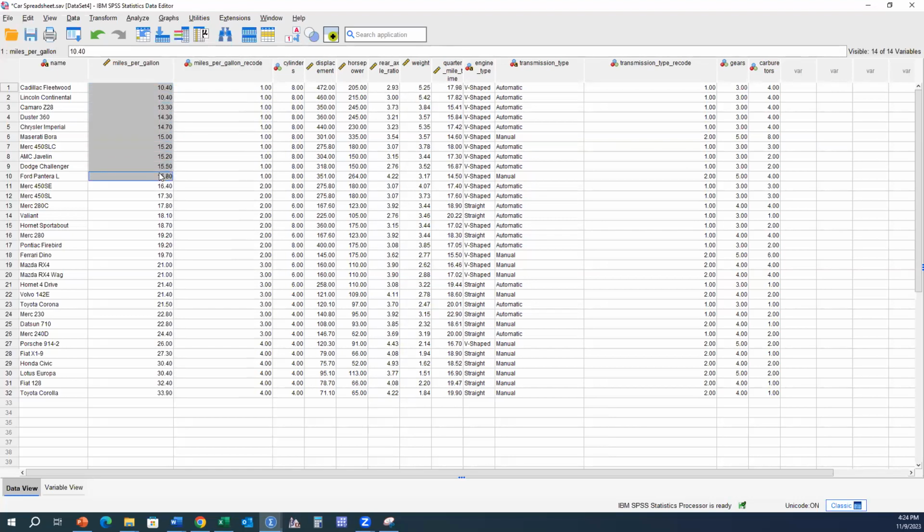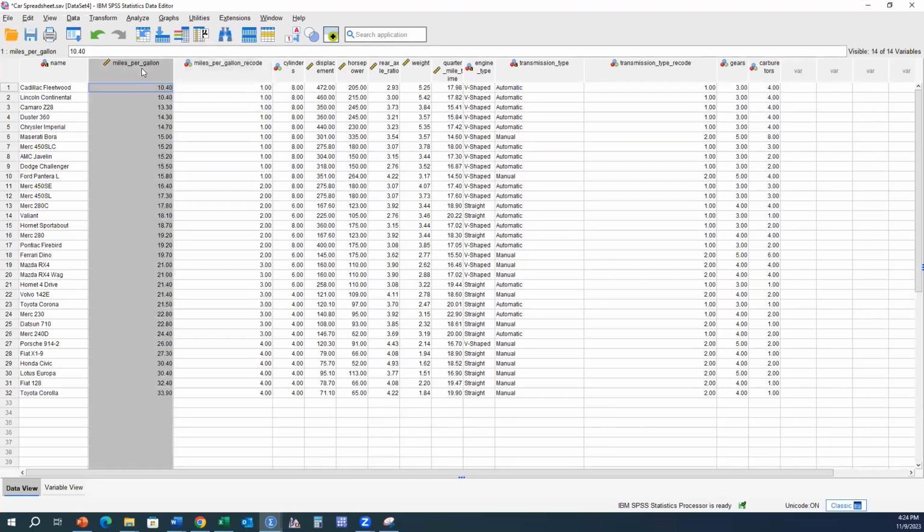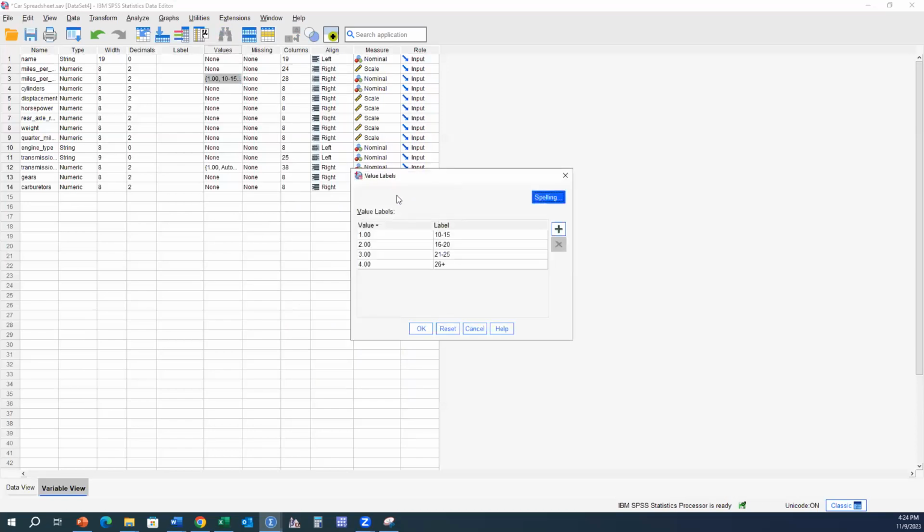So 10 to 16 was coded as a 1. 16 to 20 was coded as a 2. 21 to 25 was a 3. And then anything larger was a 4. So this is an ordinal version of mileage. Okay. And you can see I've identified the categories here. 1, 2, 3, and 4 represent.